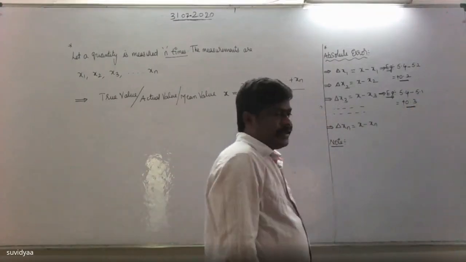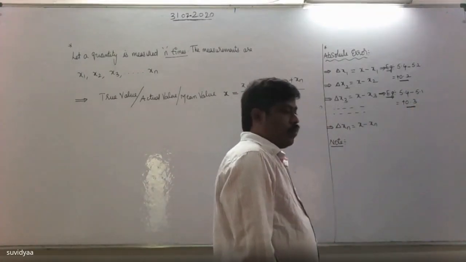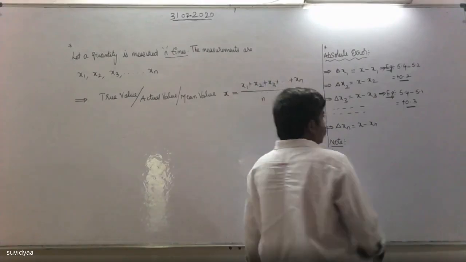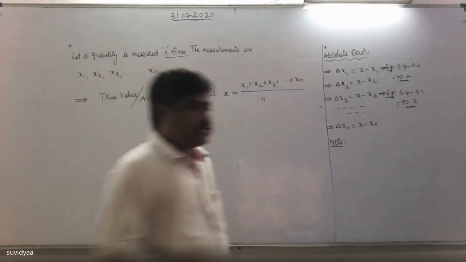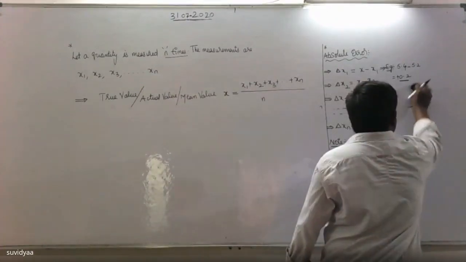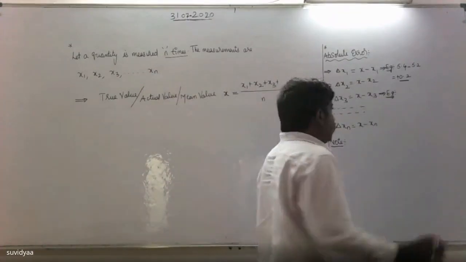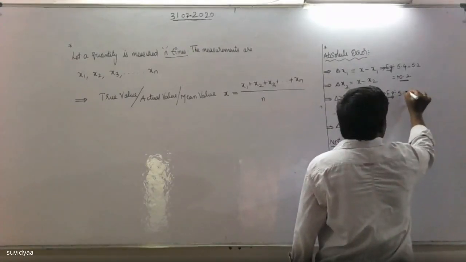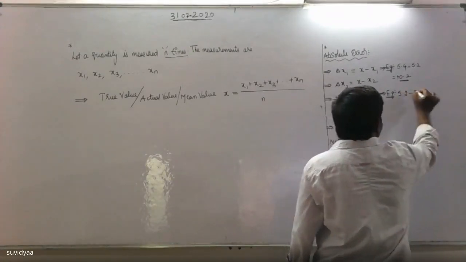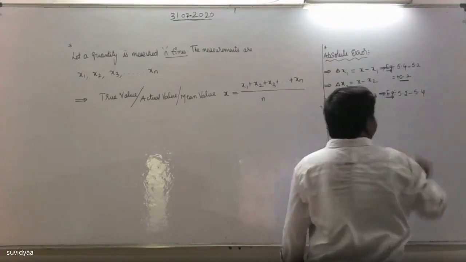Now suppose the problem is like this instead. X value is, for example, 5.2 minus x3 value is 5.4.